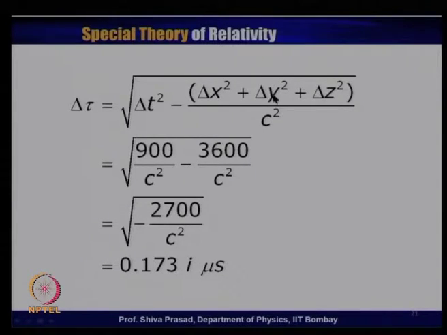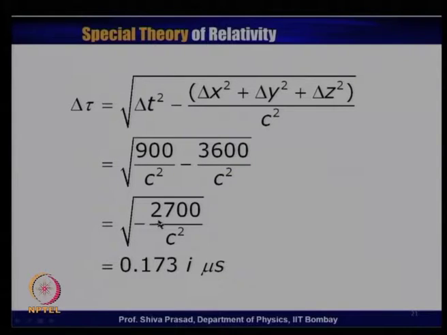Delta y is 0, delta z is equal to 0, divided by c square. c delta t was 30, so delta t is 30 divided by c. Squared, this becomes 30 square, which is 900, divided by c square. As you can see, 3600 is greater than 900.